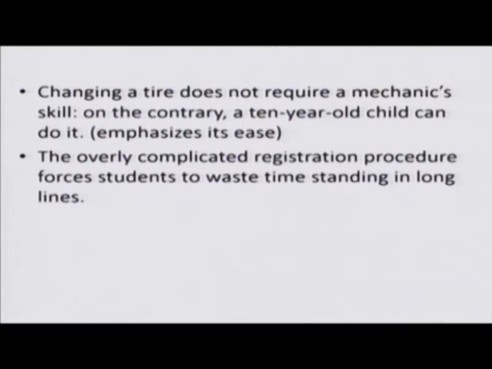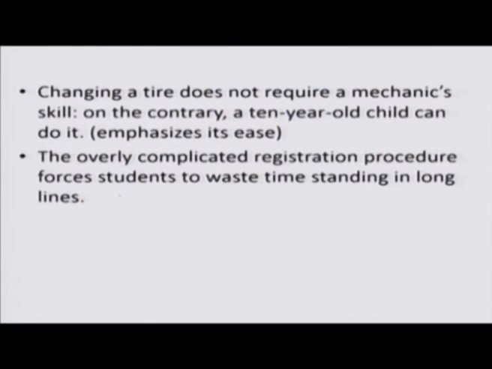Let us look at another example. Changing a tire does not require a mechanic skill. On the contrary, a 10-year-old child can do it. Here the writer wants to emphasize the ease of the process, by bringing up this factor that even a 10-year-old child can do it. Let us look at another example. The overly complicated registration procedure forces students to waste time standing in long lines.